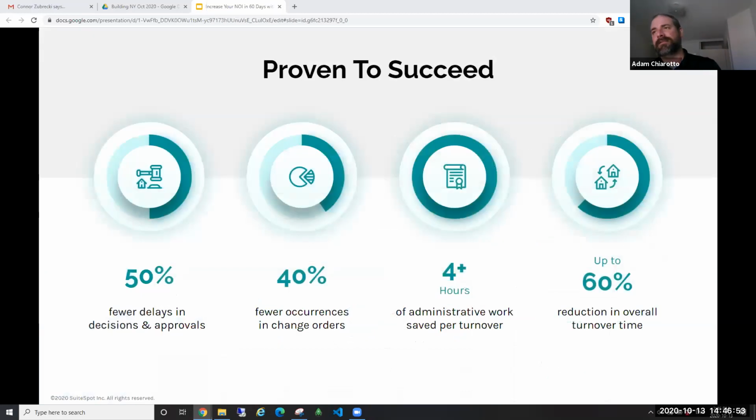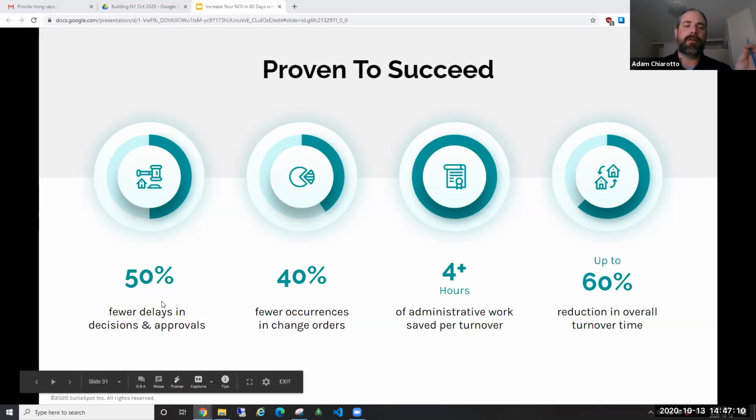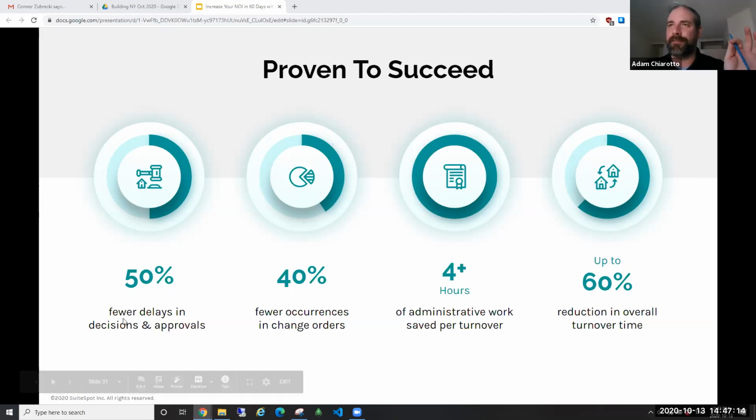And a lot of this stuff is proven. As we did that white paper I was saying, with the research on the 50,000 unit turns, we also looked at what happened afterwards once they implemented the SuiteSpot formula. We're seeing a lot quicker turnaround, with a lot fewer delays in decisions and approvals.